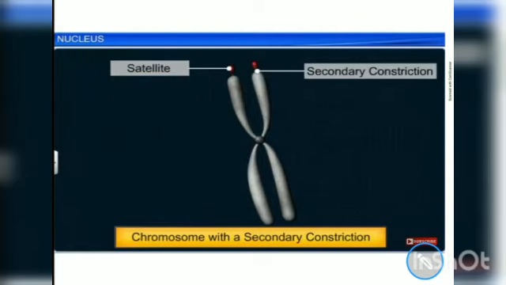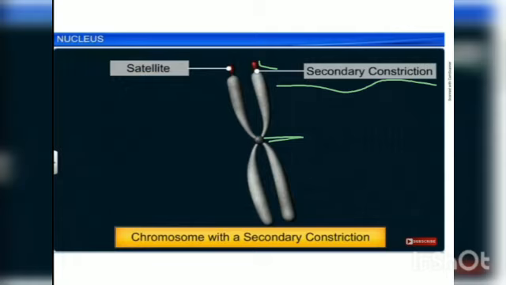Now sometimes, except for the one constriction that you are seeing, which is the primary constriction called the centromere, the chromosome has a secondary constriction present at one end of a single arm.